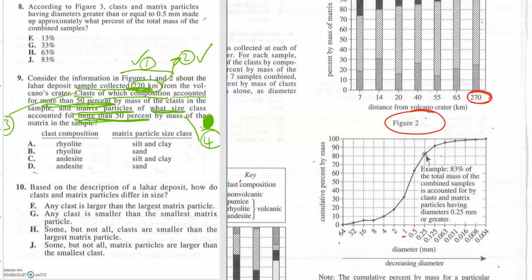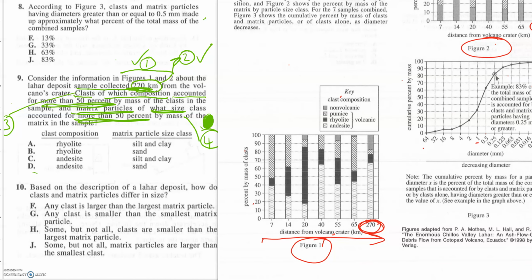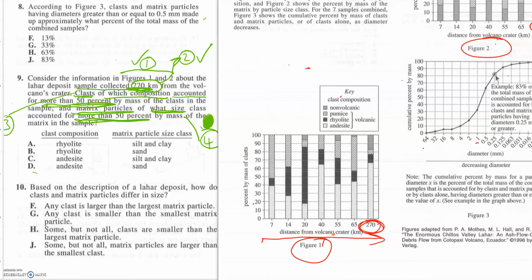Clasts of which composition accounted for more than 50% of the mass of whatever. So we again look at the figures, and I hope it's not disorienting for you, for me pinching and zooming all over the place, but I'm just wanting to make sure that you can see everything. So generally, if it says class first, then that'll be in the first figure. They're not going to be that sneaky that they're going to put class first and put it in the second figure. So we're pretty sure that clast composition is going to be in the first one, and there it is.